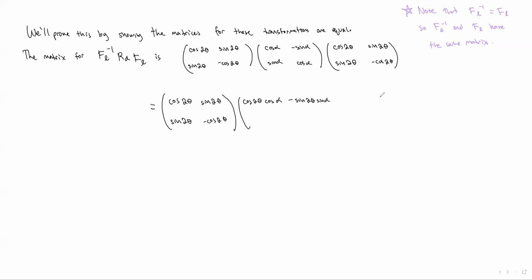And then here will be sine 2 theta cos alpha plus cos 2 theta sine alpha. Here will be cos 2 theta sine alpha plus sine 2 theta cos alpha. And the last one is this.